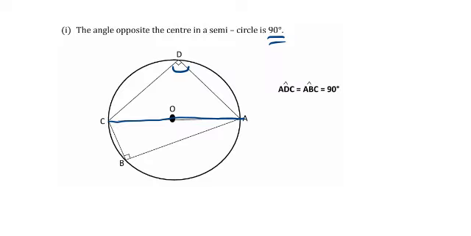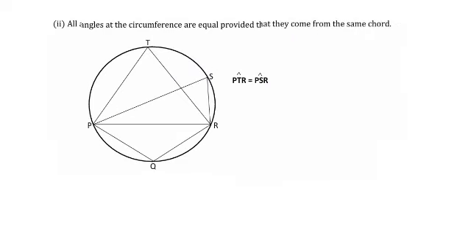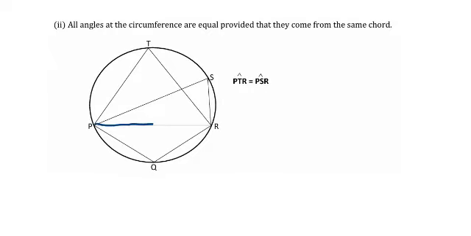The other property is that all angles at the circumference are equal, provided that they come from the same chord. As you can see, we have this chord PR. So the angles that are coming from the same chord, we have angle S there and angle what? Angle T, like that.